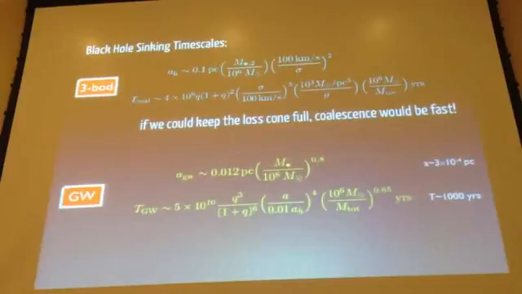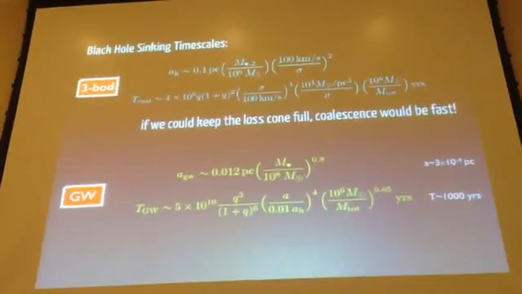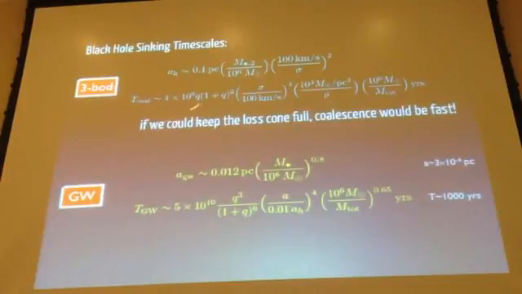A common conundrum I get is that folks think the final parsec problem really is the fact that black holes can't get closer than a parsec. That's not true. I'll show you a plot where we get that term in a second. What it just means is that black holes can't pass through the 3-body scattering phase. So these two 10^6 solar mass black holes become bound as a hard binary at 0.1 parsec. And the time scale for coalescence, to move into the next regime, is pretty quick.